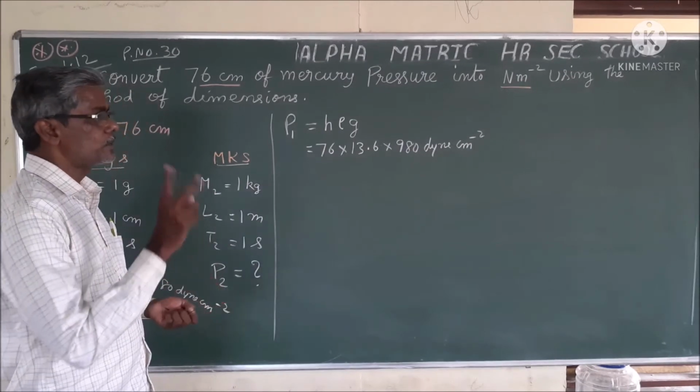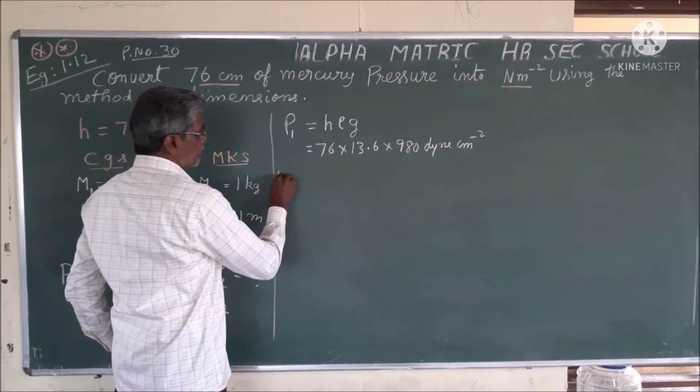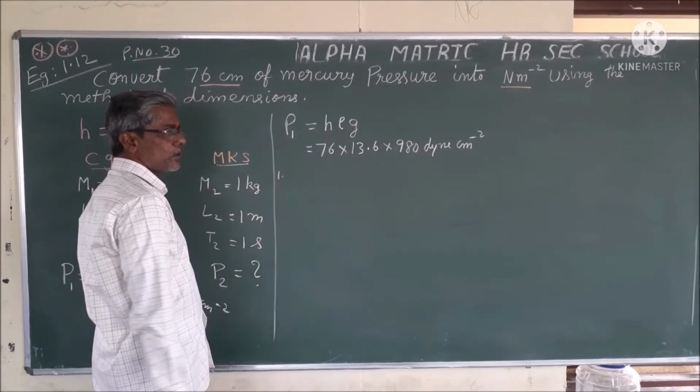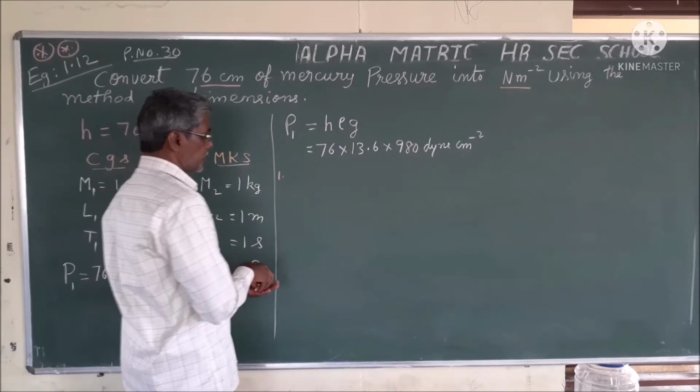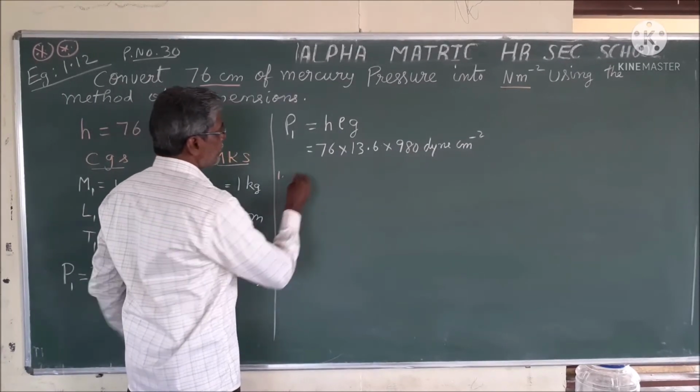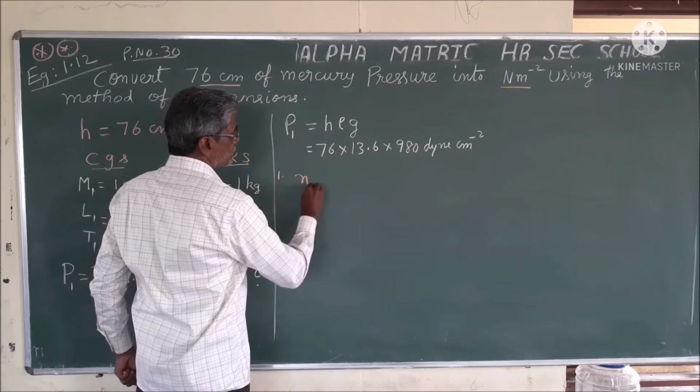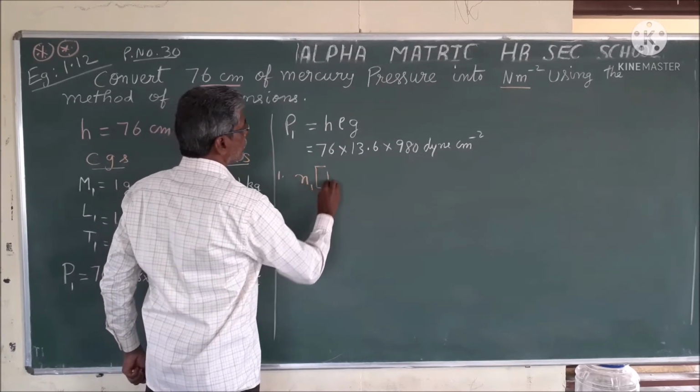Now I want to convert to P2. What are the two steps? One, equate one system of units to another system of units.